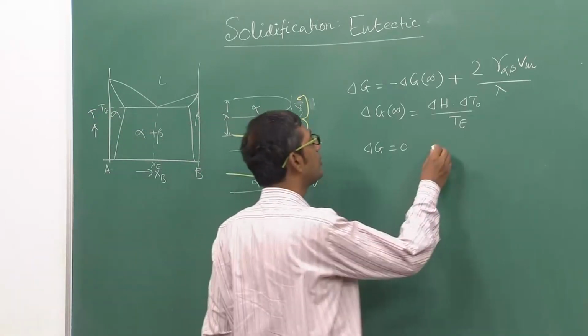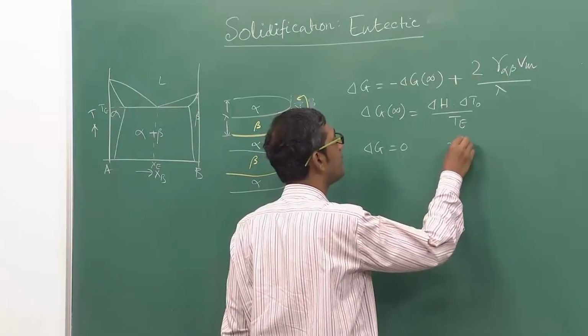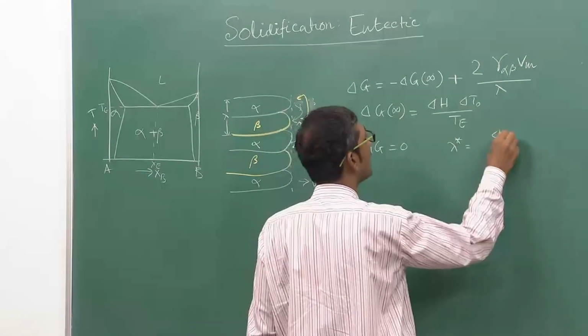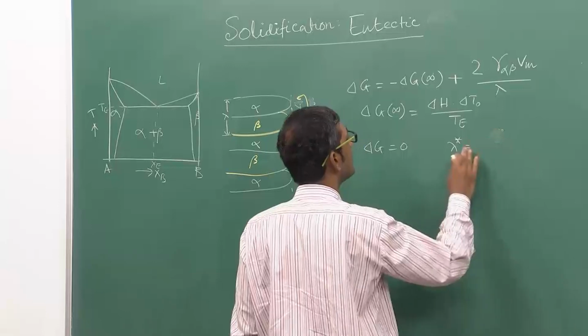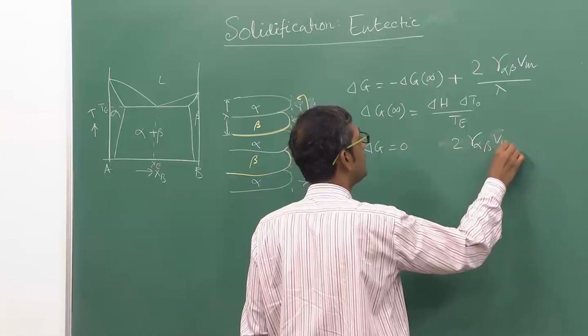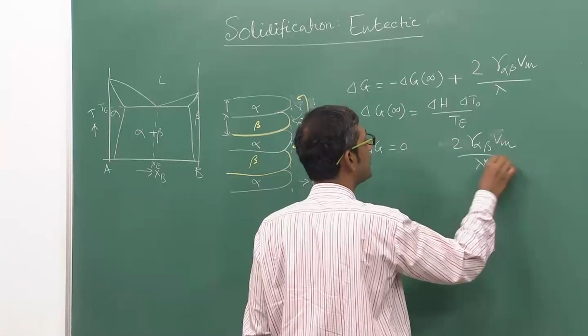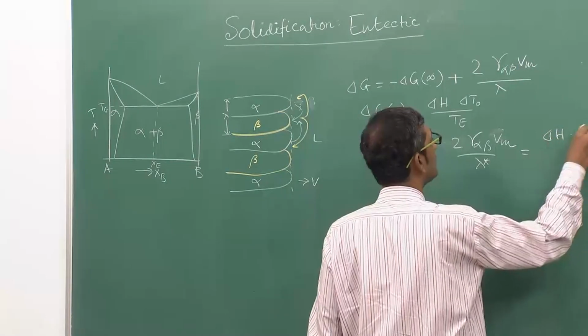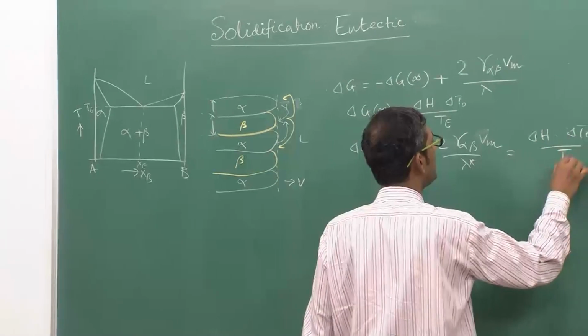Okay. So that means I can write lambda star, very simple, let us put it properly: twice gamma alpha beta Vm over lambda star is equal to delta H T0 by Te.